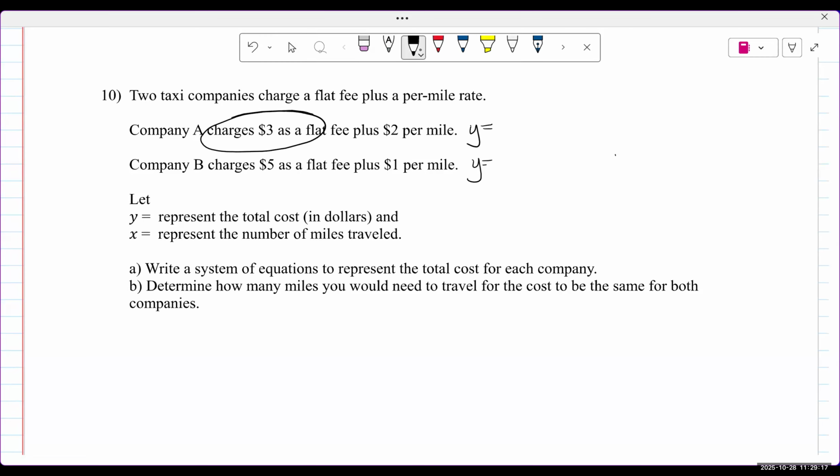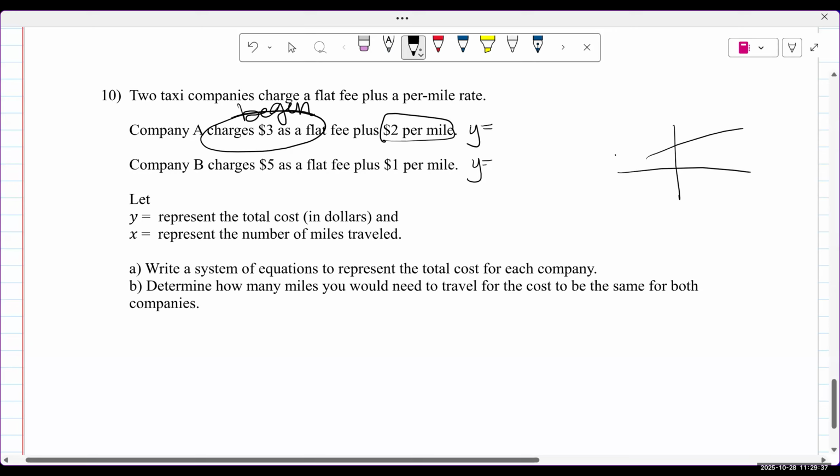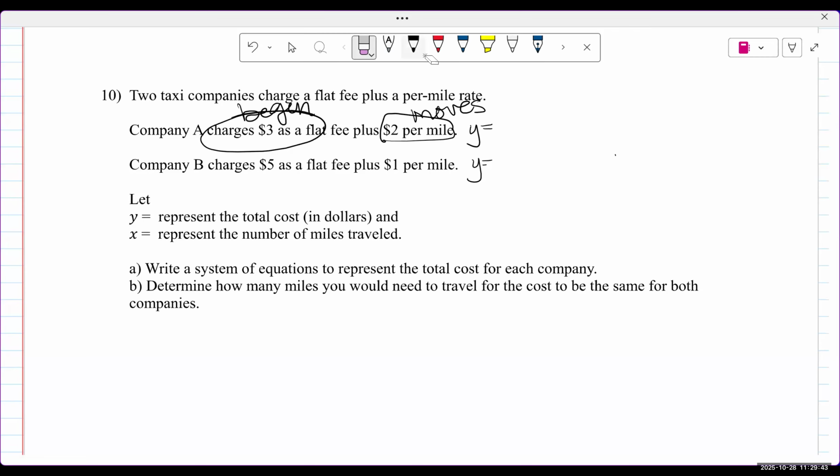Flat fee of $3, $2 per mile, which if I were to graph that, where is the y-intercept? Where does it begin and how much is it moving? Can you see that it begins with $3 and moves $2 per mile?